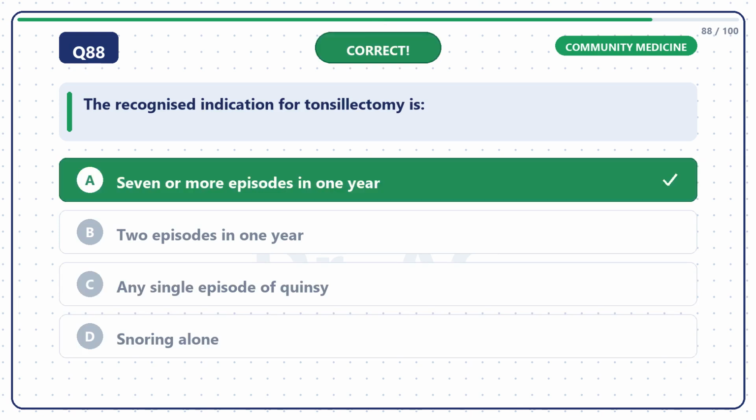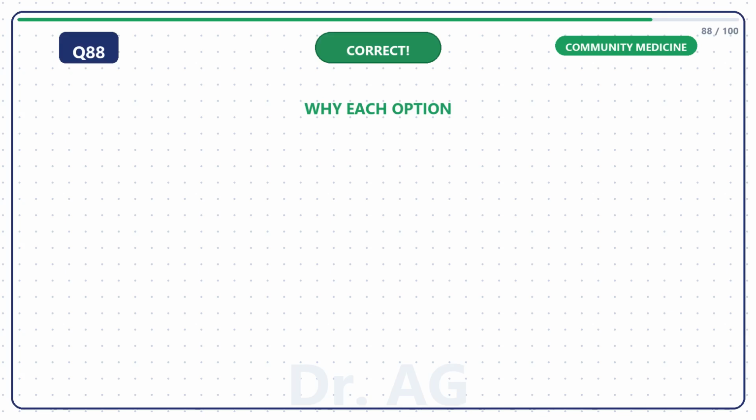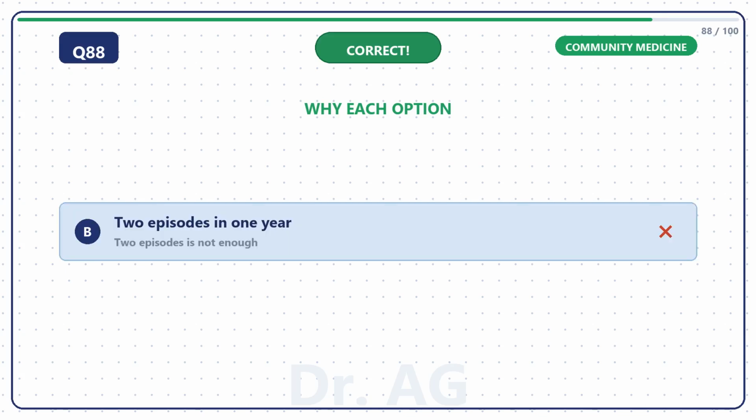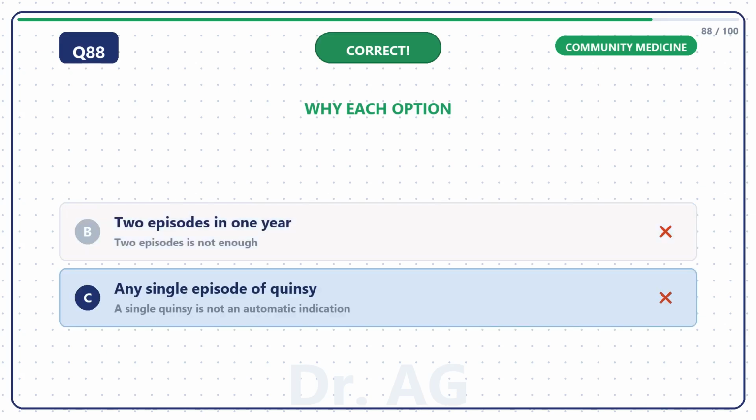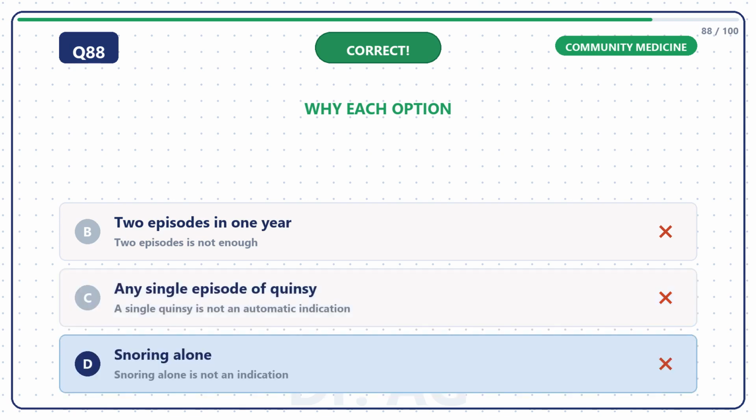The correct answer is option A. 7 or more episodes in 1 year. Let's go through the options. 2 episodes in 1 year. 2 episodes is not enough. Any single episode of quinsy. A single quinsy is not an automatic indication. Snoring alone.